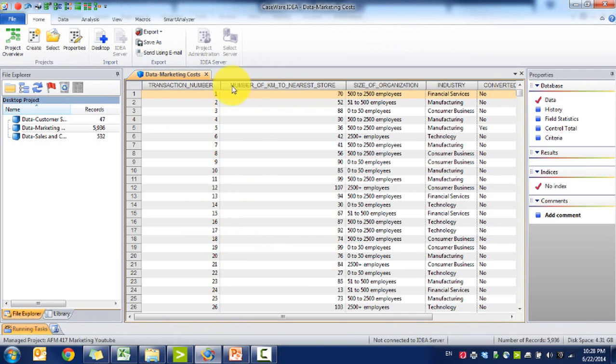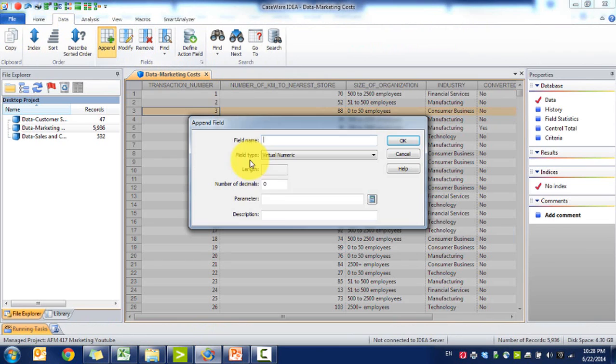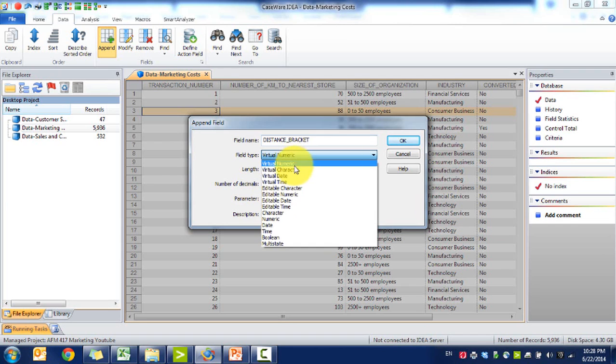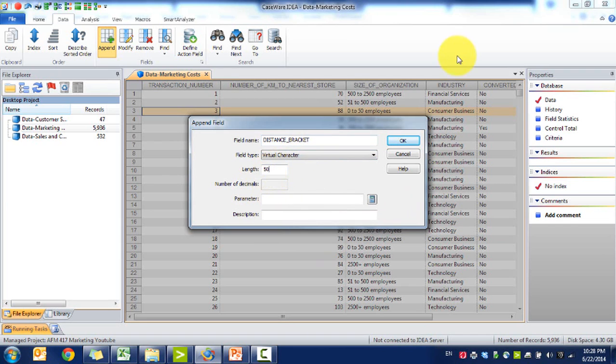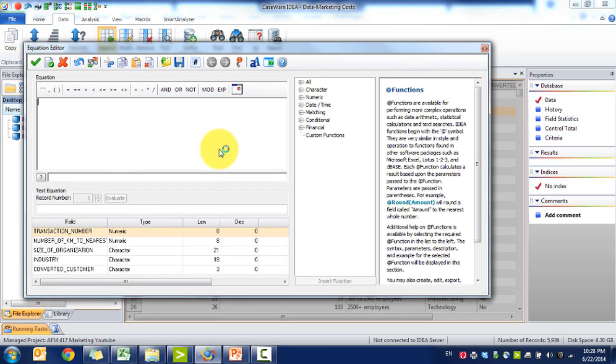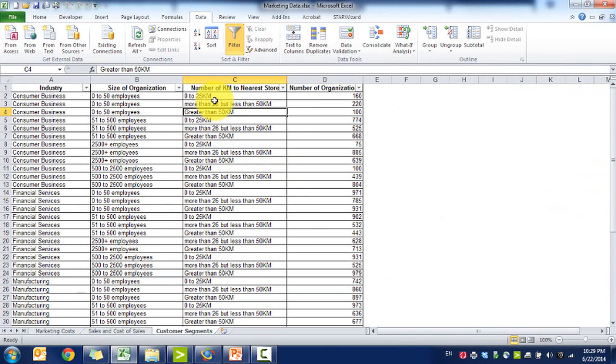So we're going to create a new field, and we're going to call it distance bracket, and make it a virtual character, and we'll make it 50. And essentially we're going to say if a kilometer is less than 25, then make it 0 to 25 kilometers.